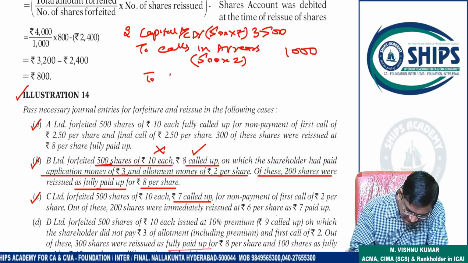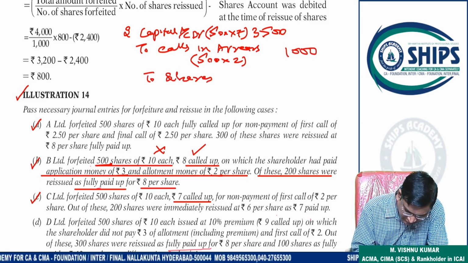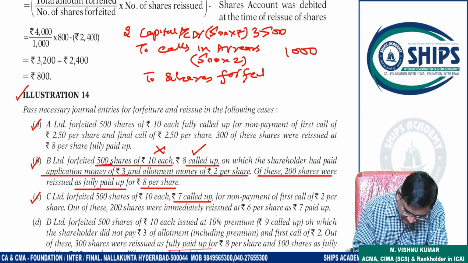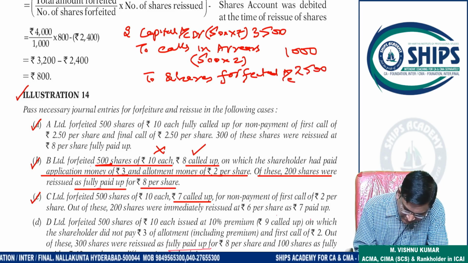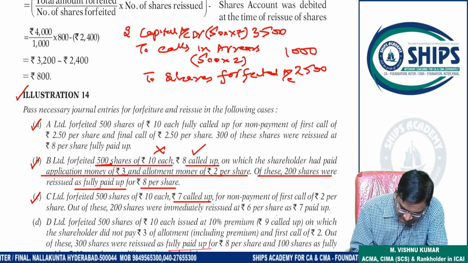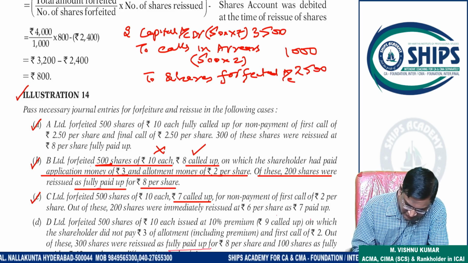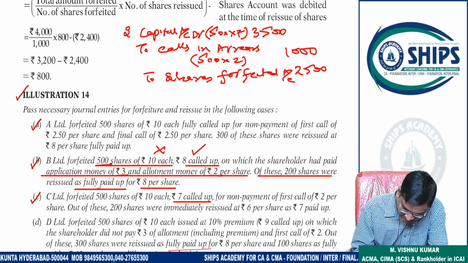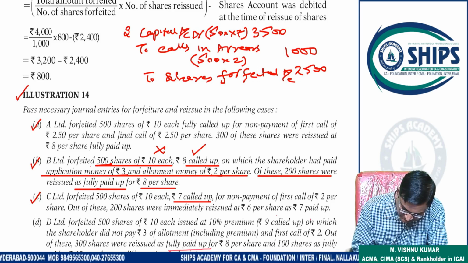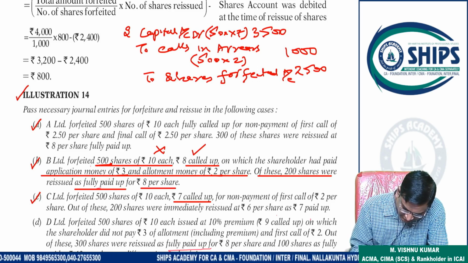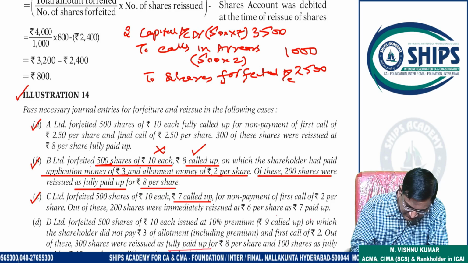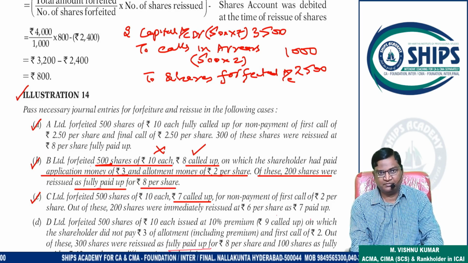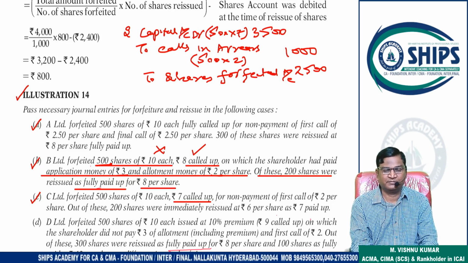So what is paid? Application and allotment. So shares forfeited 1500 is paid. Okay, application allotment for future entry. Clear? Now next, reissue entry is required. Clear? Check this entry. Understood?